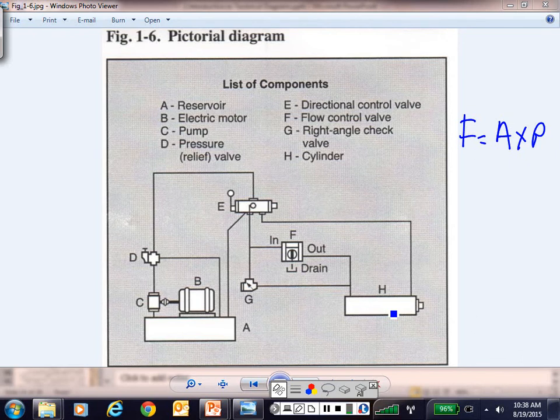But in fluid power, we refer to these things as actuators. And then what do we have to do? We have to have something to get the fluid, or the gas, from the pump to the load, right? Which in this situation would be the actuator. Everybody okay so far? And this is where what we call piping comes into play.